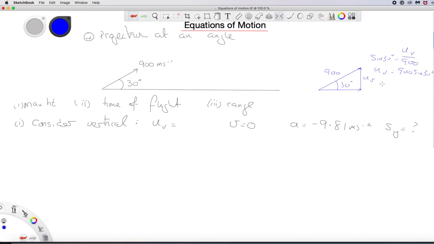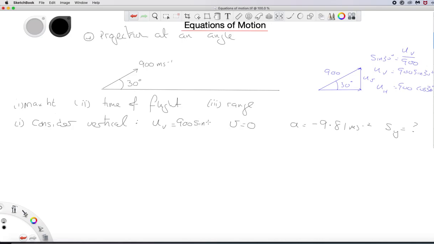And by the same process, your horizontal is 900 cos 30. And we're going to need that later. So, just a reminder there on the resolution of vectors.